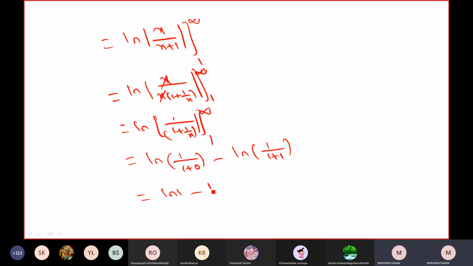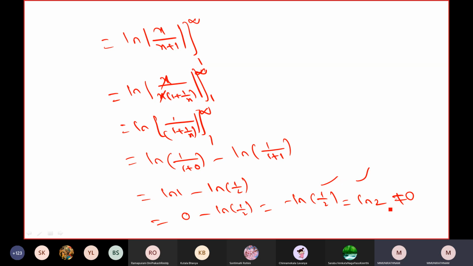This is ln 1 minus ln 1 by 2. What is ln 1? 0. Minus ln 1 by 2, you can write that, or ln 2, whatever you like. Both exist. So therefore integral 1 to infinity f of x dx exists.